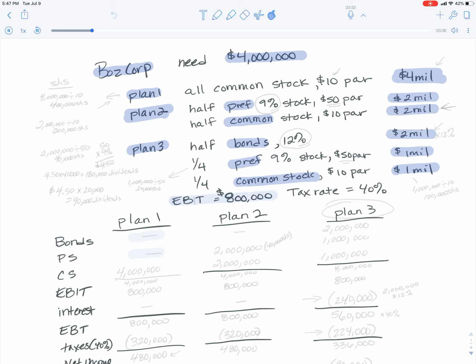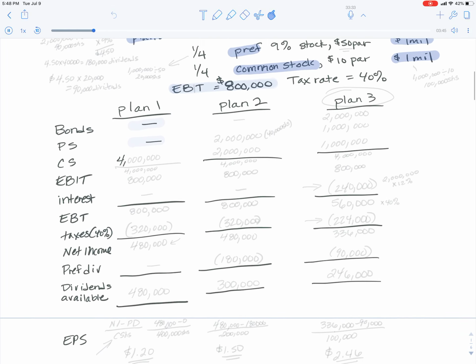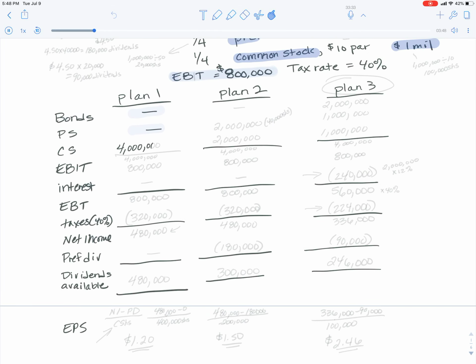So let's analyze each plan, okay? In this first plan, we're going to have no bonds, no preferred stock, and all $4 million is common stock. In Plan 2, no bonds, $2 million of preferred stock, $2 million common stock.